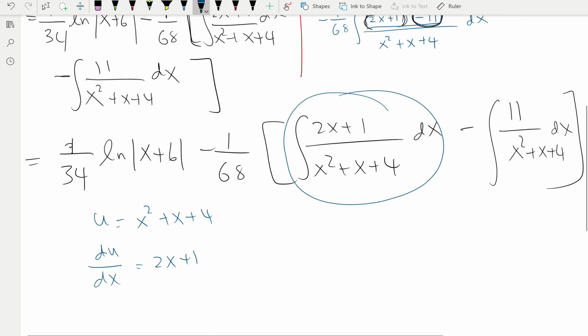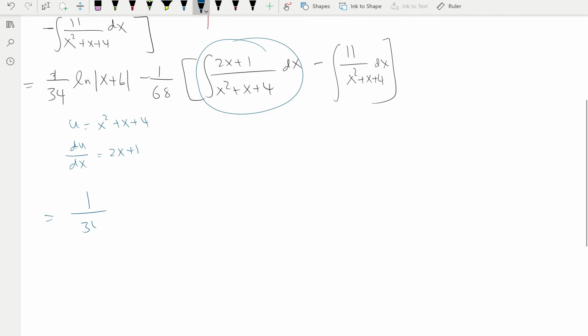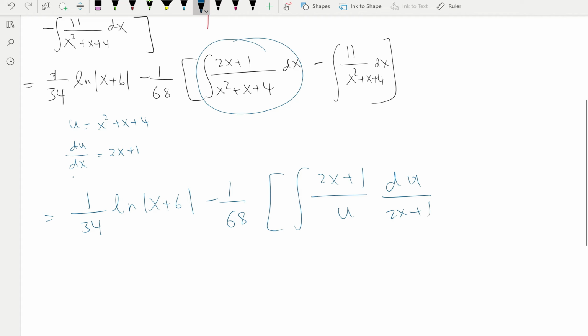So if you use integration by substitution, let's make space, 1 over 34 natural log x plus 6. So this is 1 over 68, 2x plus 1 over u, and dx is du over 2x plus 1, right? From here 2x plus 1 cancels out, so we are just integrating 1 over u with respect to u.